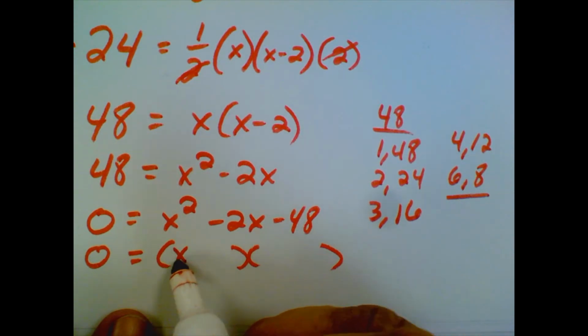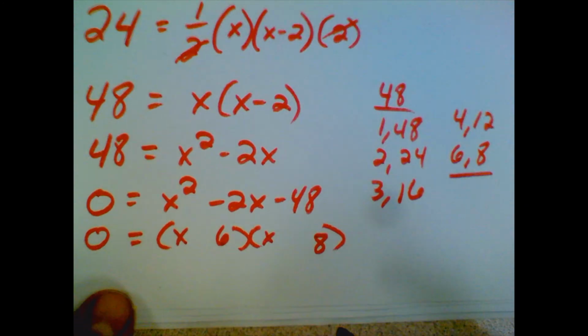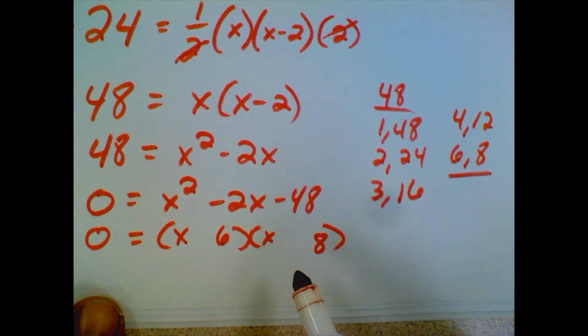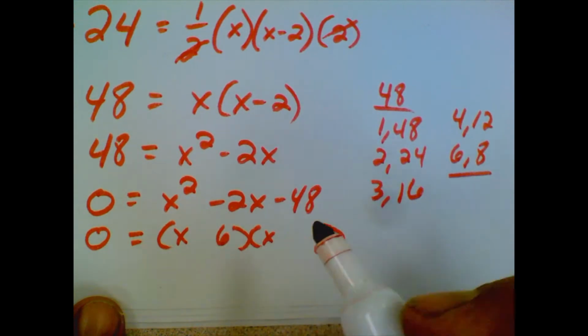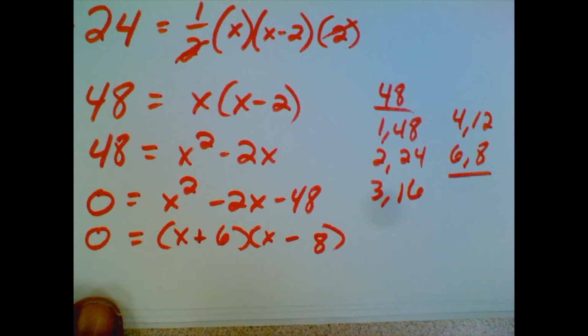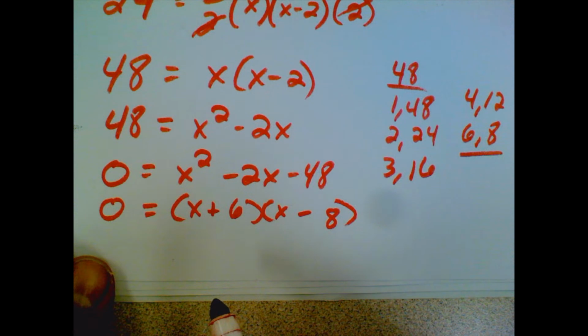Okay, so let's try 6 and 8. Now we just have to figure out the signs. It multiplies to a negative when we do last, so they've got to be two different signs, but they add to a negative. So let's put the bigger number at negative, smaller number at positive, and I think we're good to go.